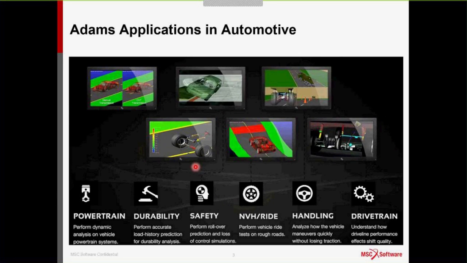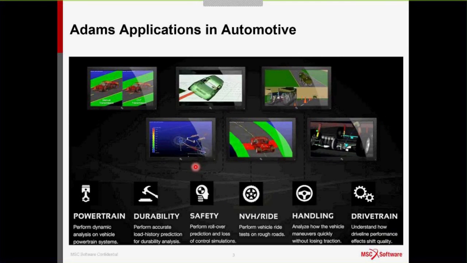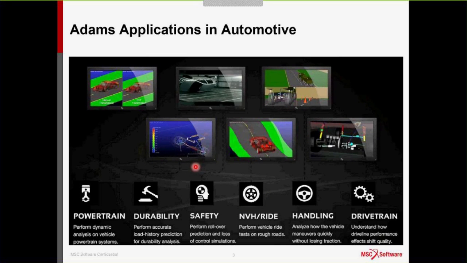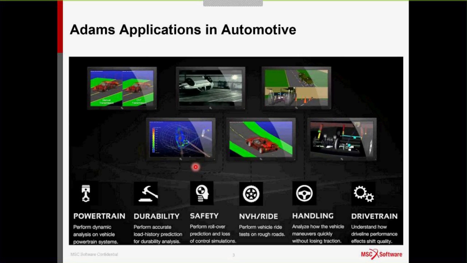So in terms of applications, many people recognize Adams as a ride and handling vehicle dynamics application, but it is that, of course, and so much more.